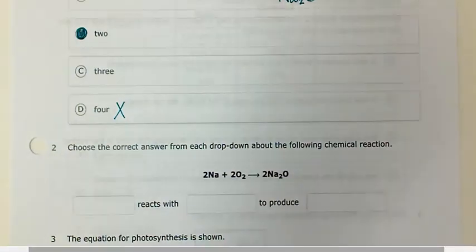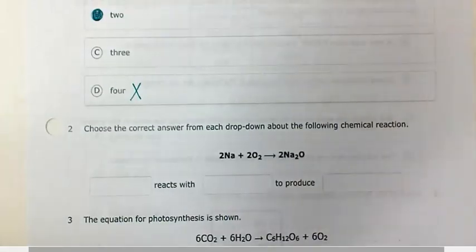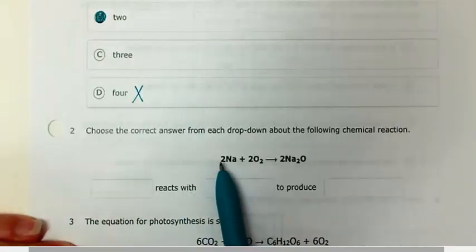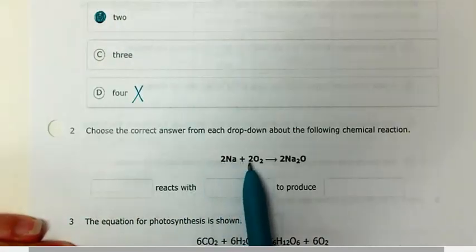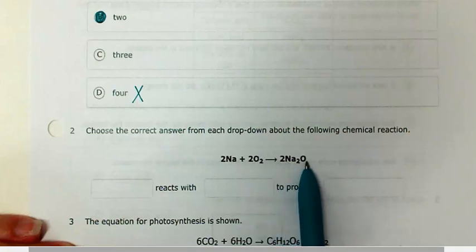Number 2. Choose the correct answer from each drop-down about the following chemical reaction. Okay, so it's a printout, so you don't really have the ability to activate the drop-downs, but we can make this work. It's the same equation. 2 sodiums plus 2 molecules of oxygen gas produce 2 molecules of sodium oxide.